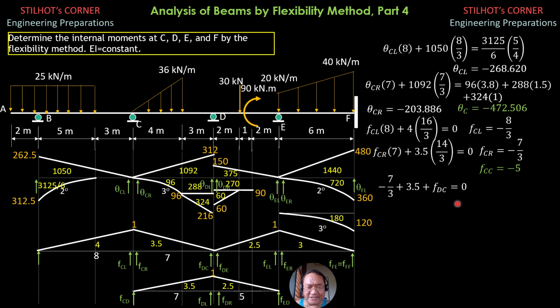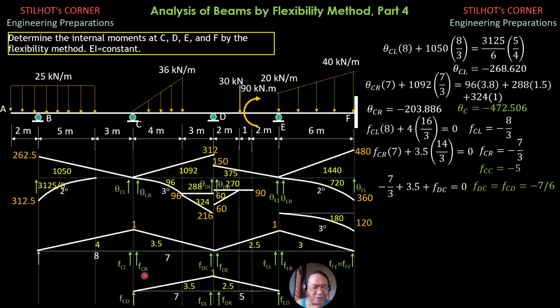So FDC, which is equal to FCD by Maxwell's law on reciprocal deflection, is equal to negative 7 over 6. So force coefficients are now complete for portion BCD.